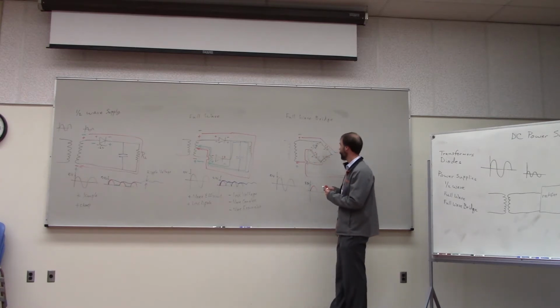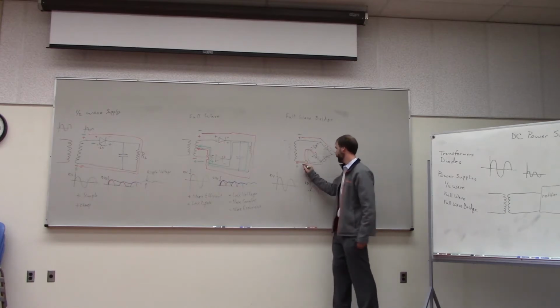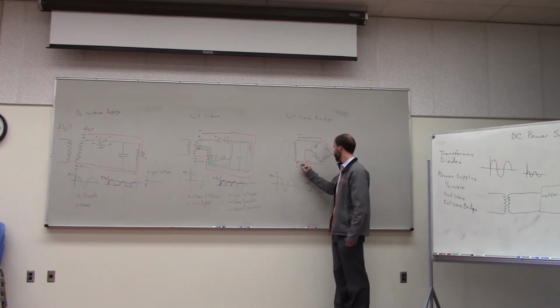So that's good. So now let's talk about what happens with the green case. So we're starting off with positive voltage down here. So the signal starts to flow. We have positive there, negative, positive and negative.